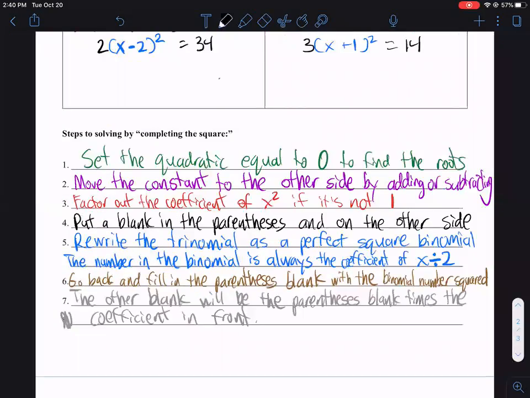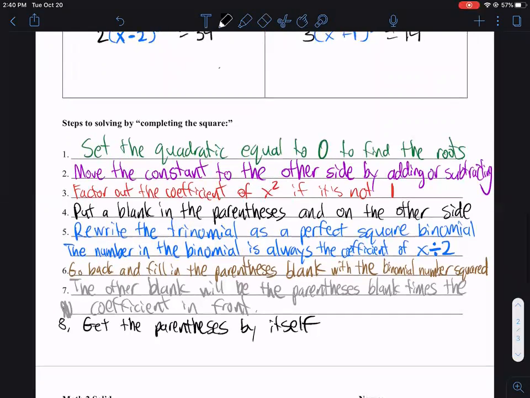Okay, so step 8. We're going to need to get the parentheses by itself.